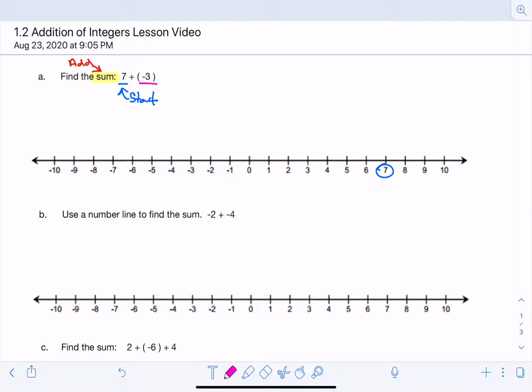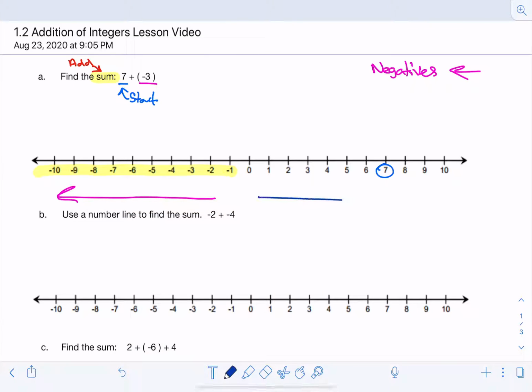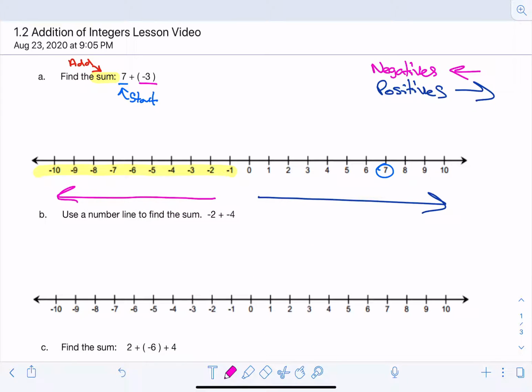All right, so if you'll notice on the number line, the negatives go towards the left, and positives go towards the right. So because this is negative and it goes towards the left, that means we're going to go 3 spaces to the left from our starting point.